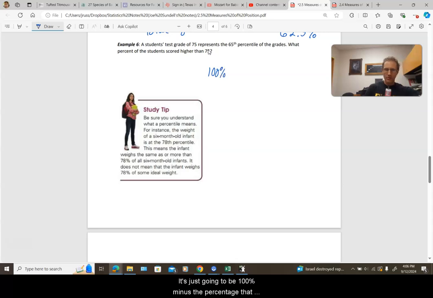It's just going to be 100% minus the percentage that scored less than or equal to 75, which is 65%, because 75 corresponds to the 65th percentile, so that's going to leave us 35%. So you could say 65% of the grades are going to be at or below 75, and then 35% are going to be above.